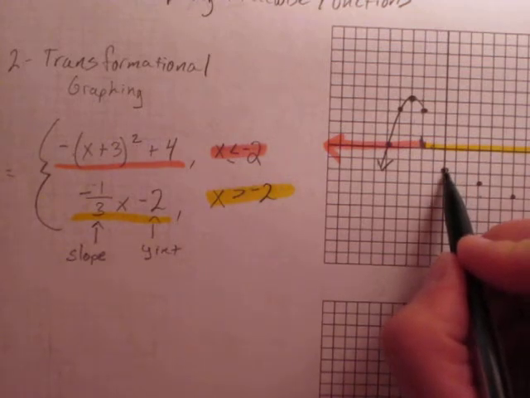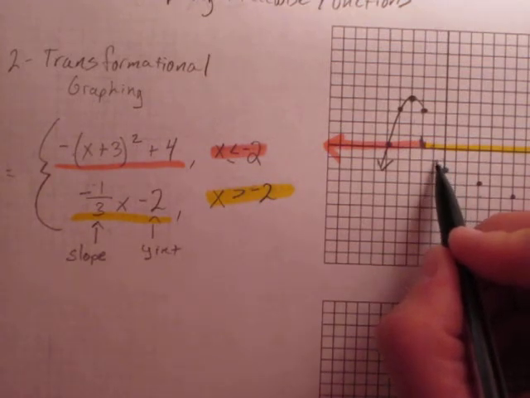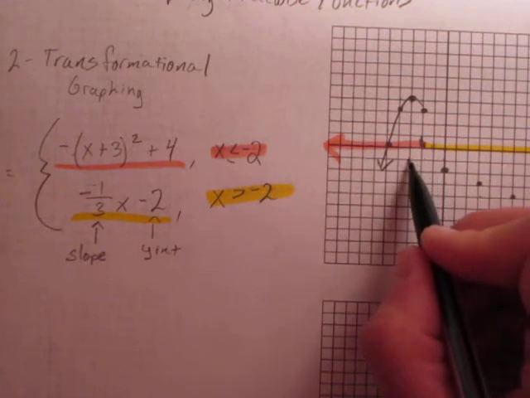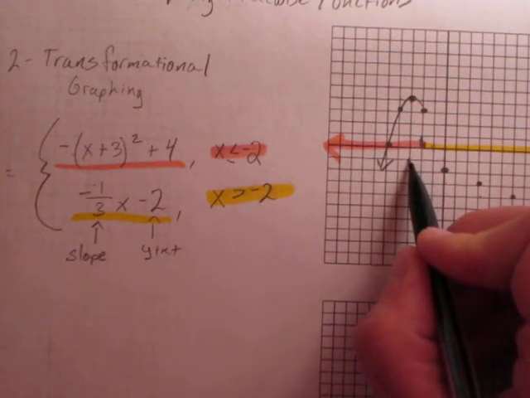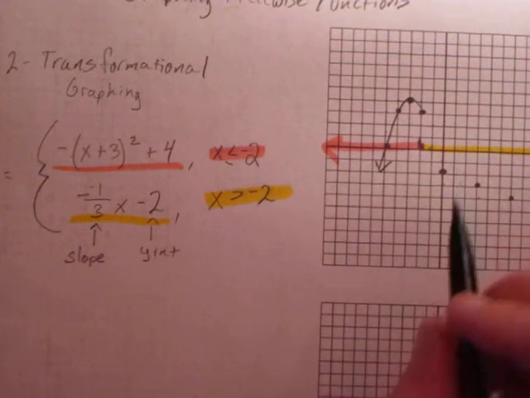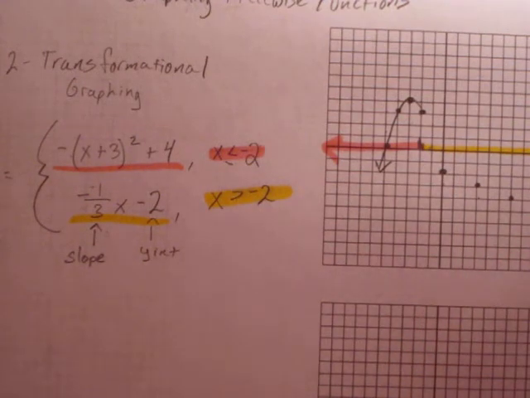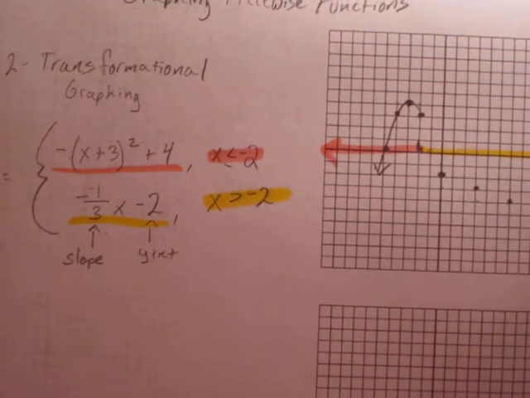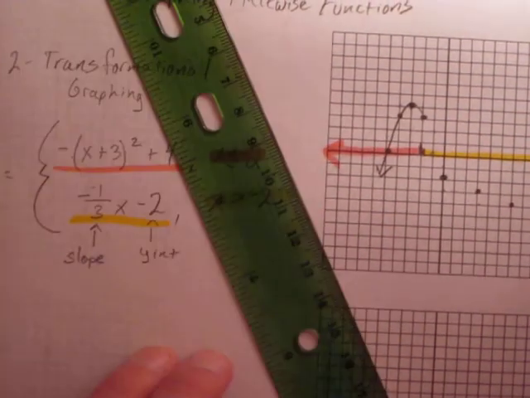Up here we're going to go up 1 and over 3, but you'll notice that now I'm in the pink setting. So what we have to do is we just have to connect these points as best as we can until this interval is over.